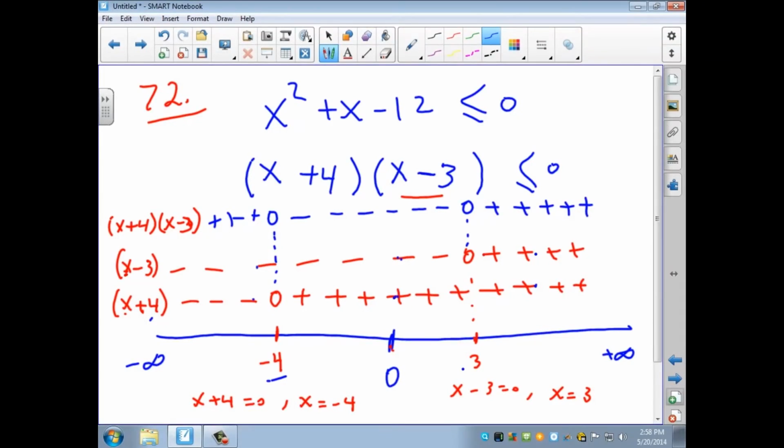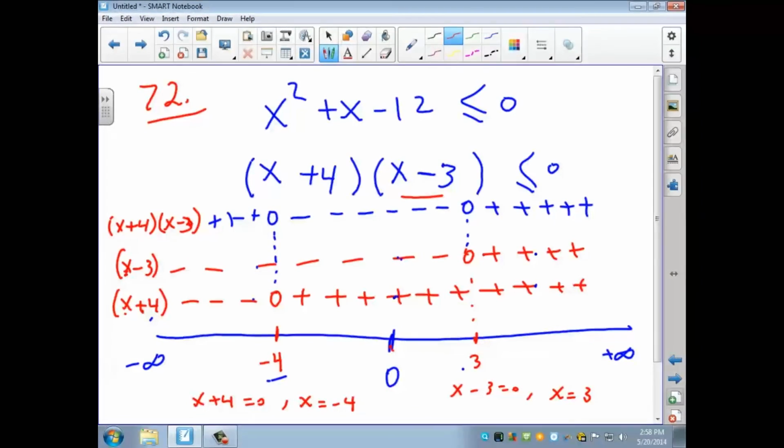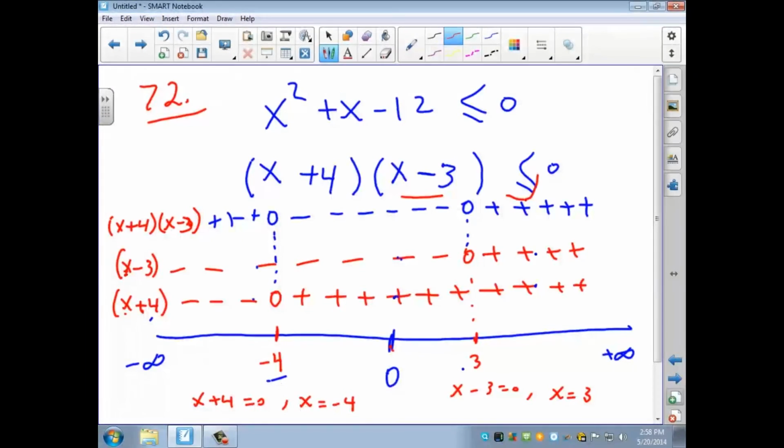Then we notice that what we want is we want the product to be negative or 0. When would it be negative or 0? This is where it would be negative or 0. When x is minus 4, or x is 3, and anything in between.